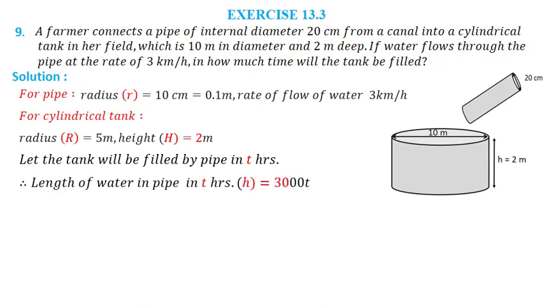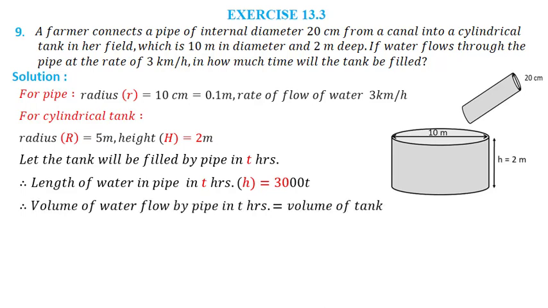So the length of water in the pipe in t hours will be 3000 t, right? Because 3 km is 3000 meter, 3000 meter in 1 hour. So in t hours it will be 3000 t. Time we have taken here in hours. So we will say that the volume of water flowing through the pipe in t hours will be equal to the volume of the tank.